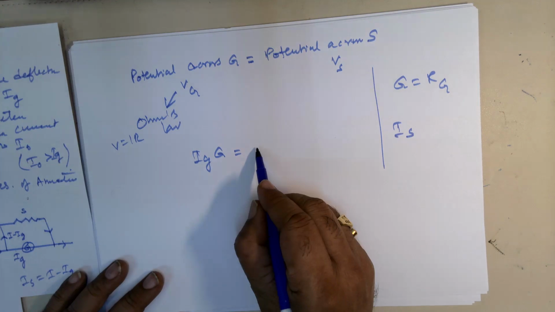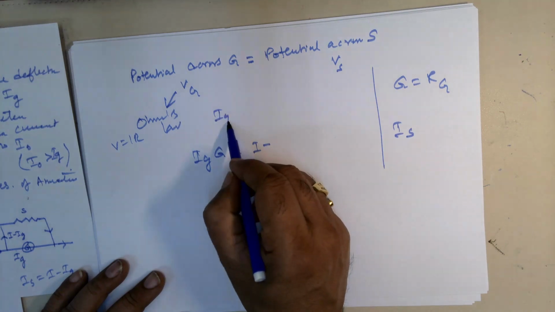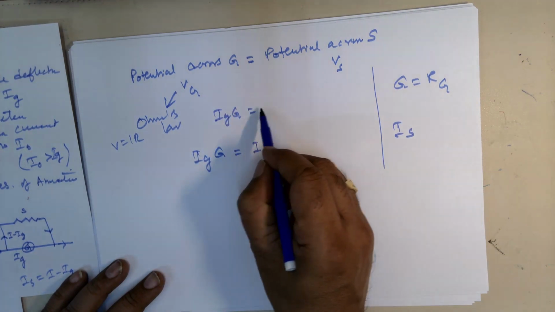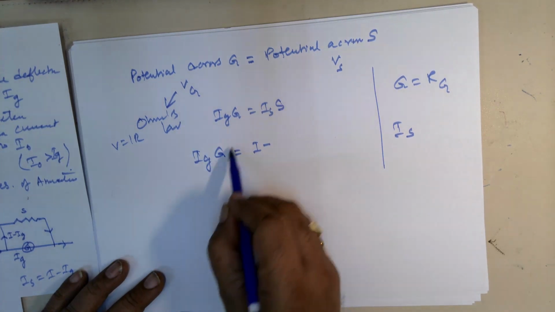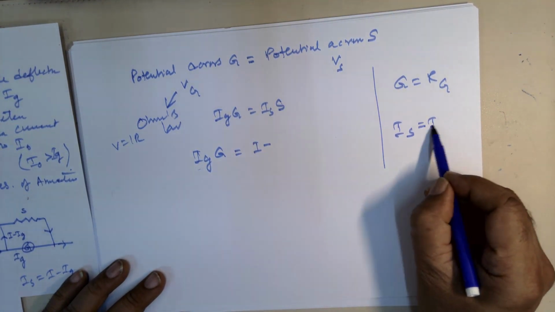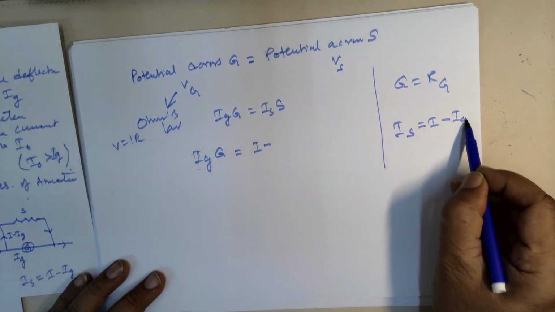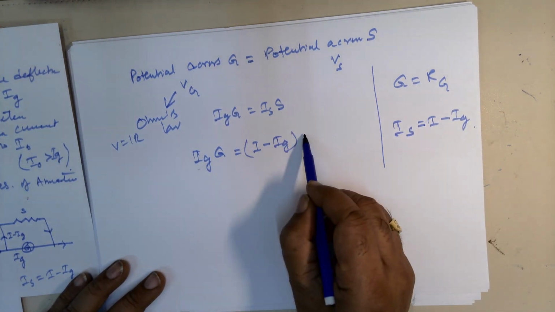So you can put Ig into G is equal to Is into S. Now in the next step, this Is is nothing but I minus Ig, so you can replace Is with I minus Ig.